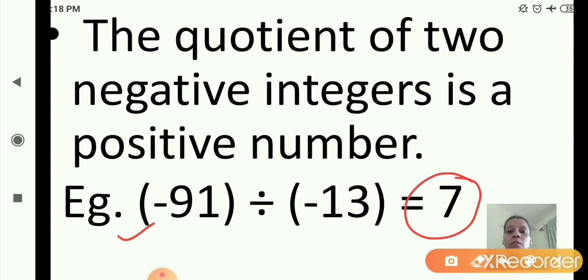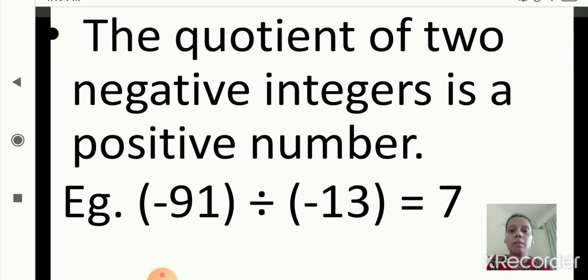And which sign will you put here? Plus sign. Correct? Because the quotient of two negative integers is a positive number. As both the numbers are negative, the quotient is a positive integer. So minus 91 divided by minus 13 is plus 7. Or you can write down 7.